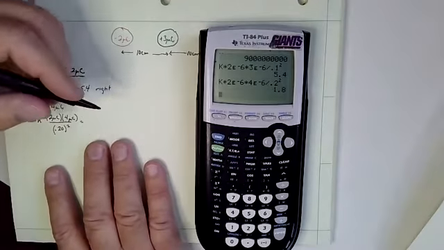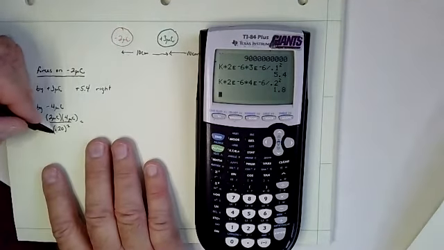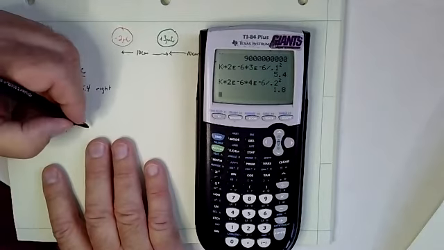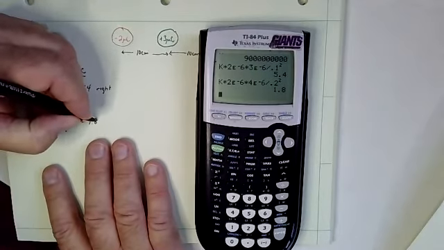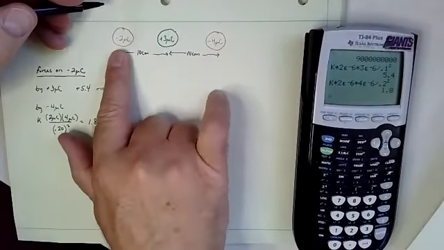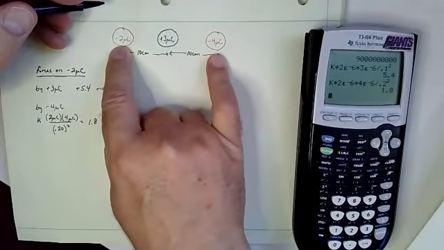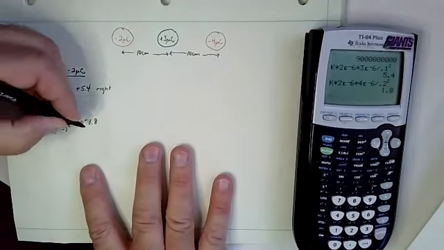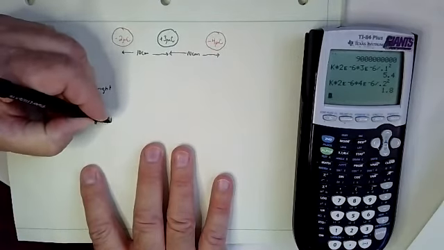Okay, so 1.8, and it's much less, even though the charge is bigger, it's because the distance is double and the denominator is squared, so it makes it much less. 1.8. Now this is a repulsive force, so the force on this charge due to this charge is going to be that way because they're repelling each other. So I'm going to write minus because it's to the left.